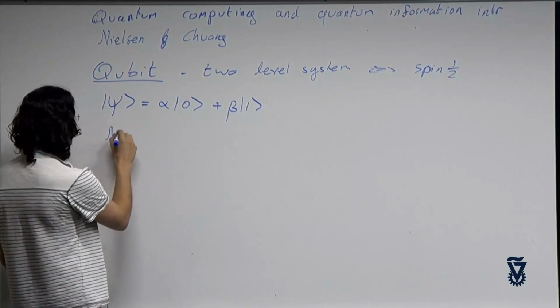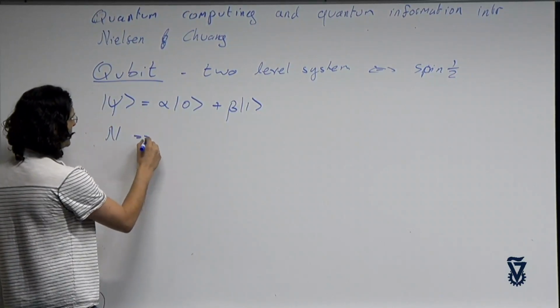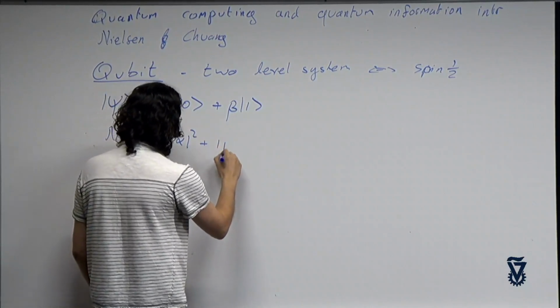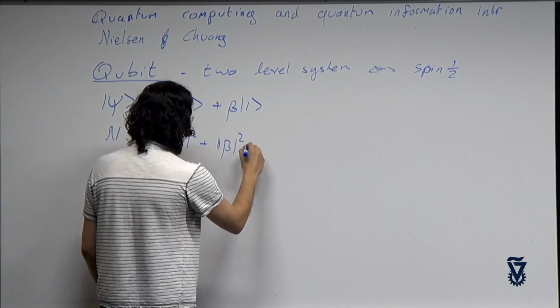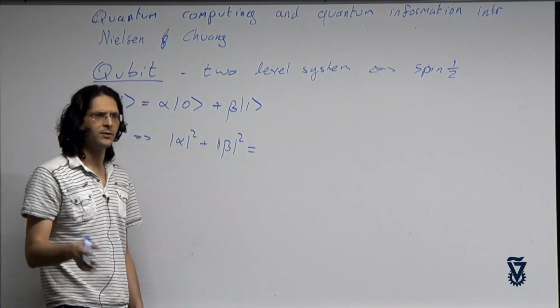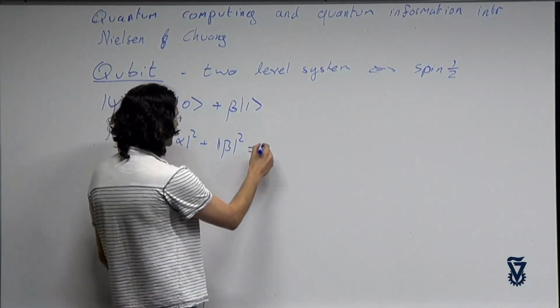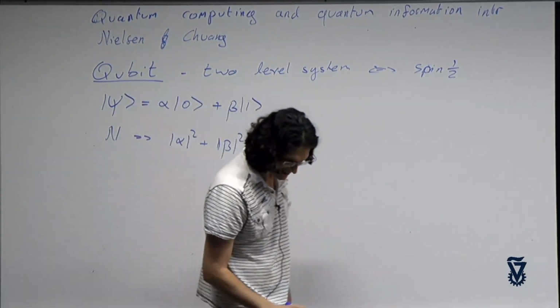And of course, we have normalization, which means that |alpha|^2 plus |beta|^2 equals, anyone, just to show me that you're listening? 1. Thank you. All right, great, excellent, fantastic.